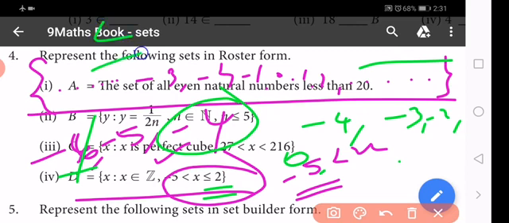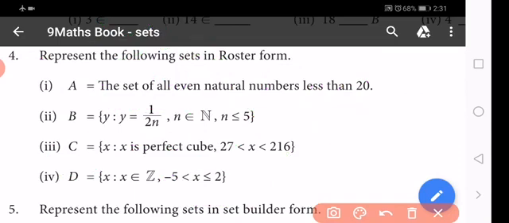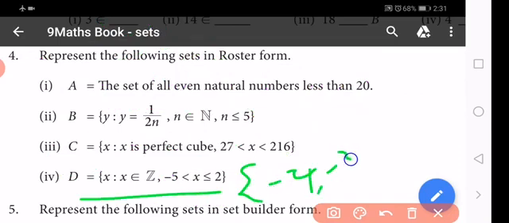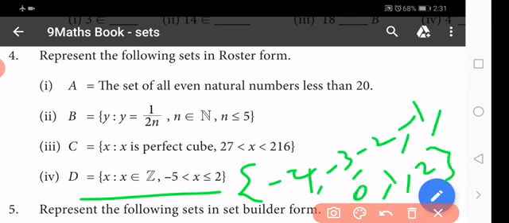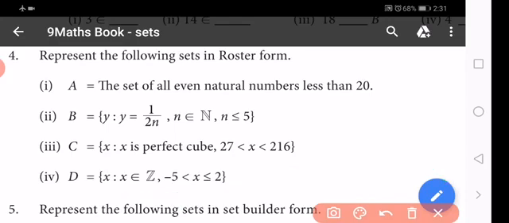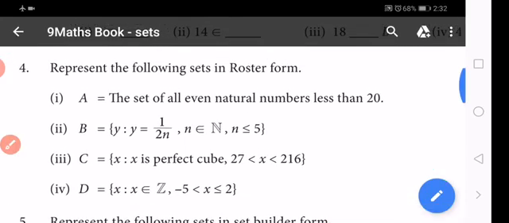Less than or equal to 2 means up to 2. This is the answer: -4, -3, -2, -1, 0, 1, 2. Okay, so this is the roster form. Do you understand?